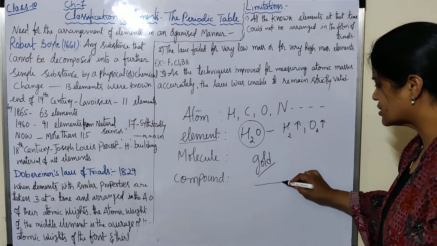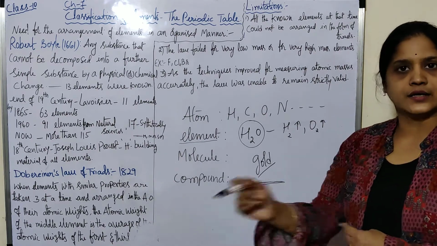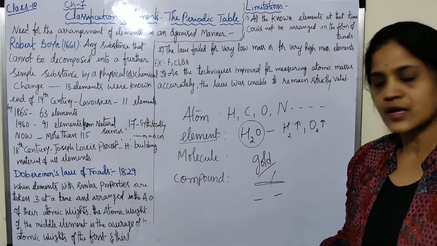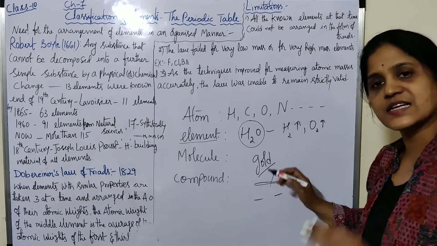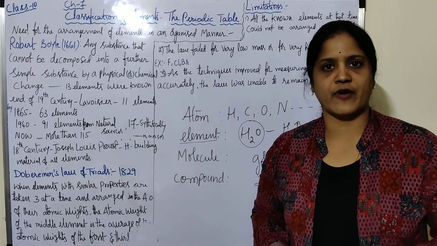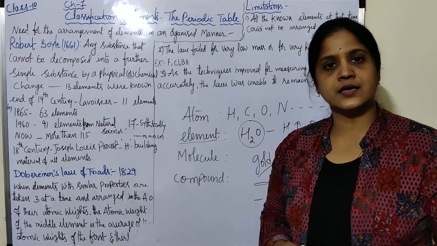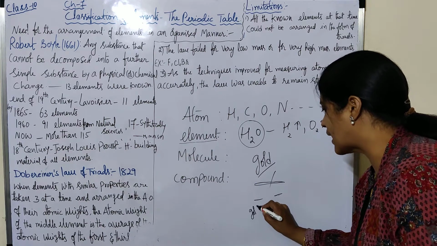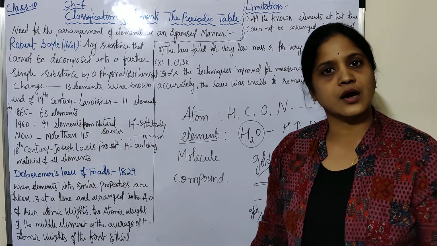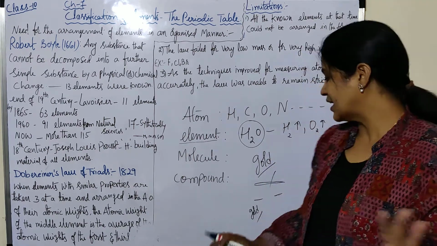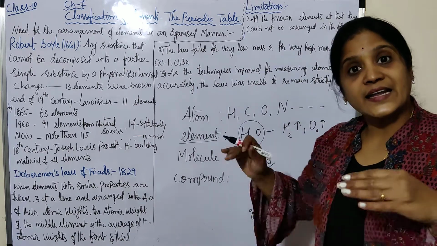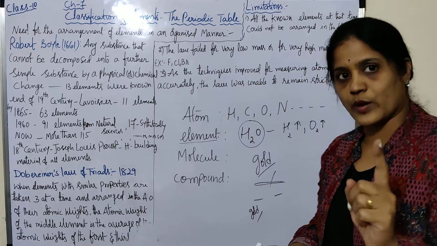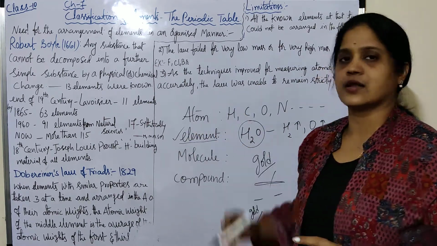If you take this gold rod and cut it, you will get 2 pieces. These 2 pieces contain the same type of atoms, only gold atoms. It does not contain any other type of atoms. Only one type of atom is available in an element.